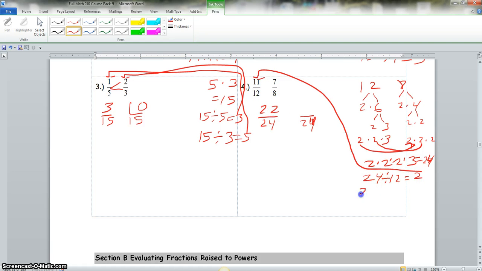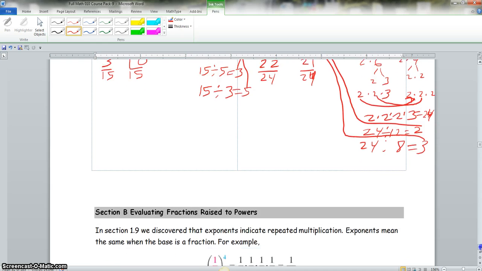So we take the new denominator, which is 24, divided by the old denominator, which is 8. 24 divided by 8 is 3. So we'll take this 3 and multiply by the 7. 3 times 7 is 21. So we notice here that this first fraction is larger than the second fraction. So our inequality points to the second fraction. And we're done with that problem.